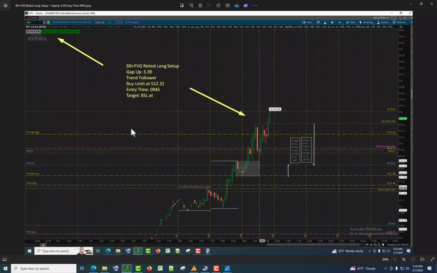That's not a good idea. So that's the setup we missed because we were biased. We thought it was going to be a fake breakout, so we kept looking for a fake breakout. But we need to be careful with that: fake breakout or real breakdown.